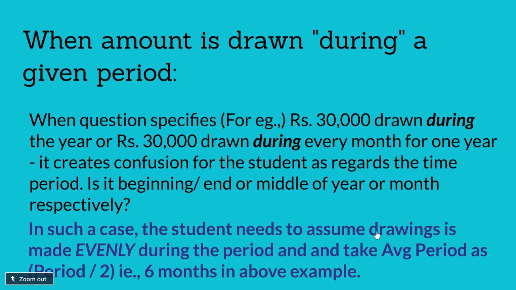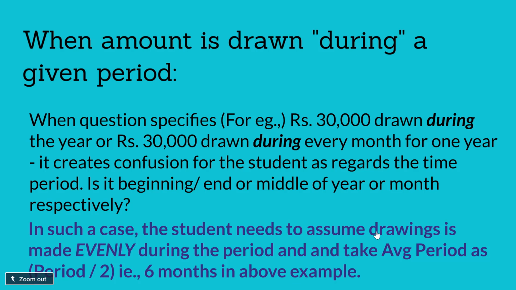Two more concepts we need to learn under calculation of interest on drawings. First, when the word during is used. Now when the word during a given period is used, instead of stating whether it's in the beginning of the period or end of the period or middle of the period, students get confused.